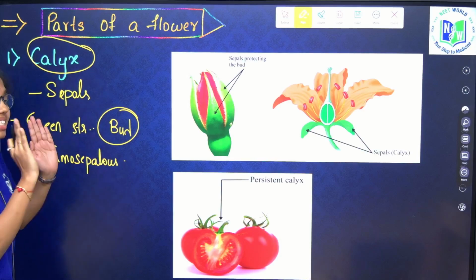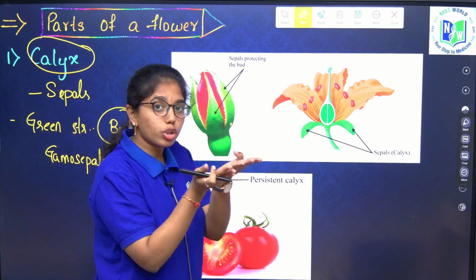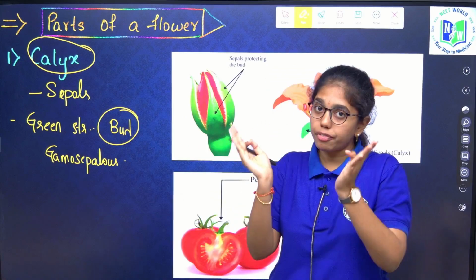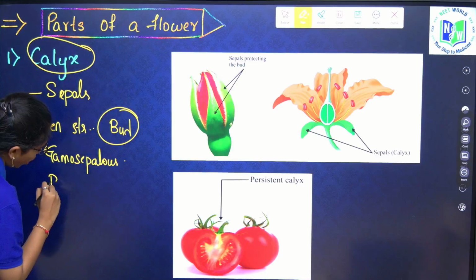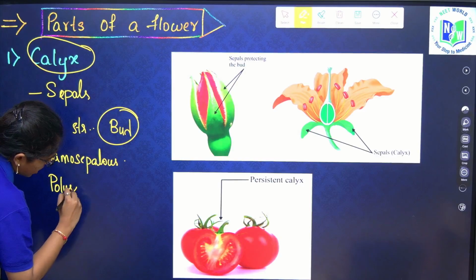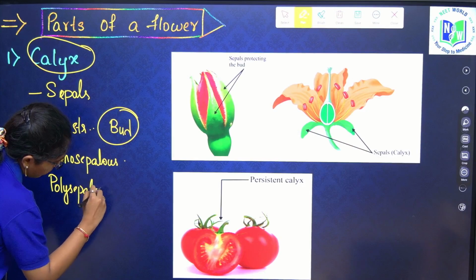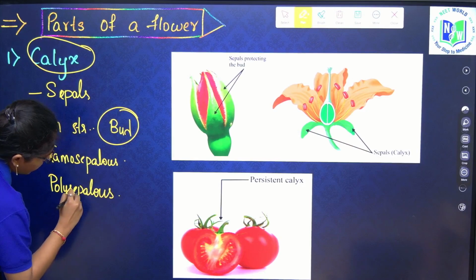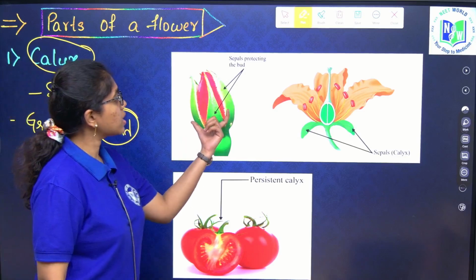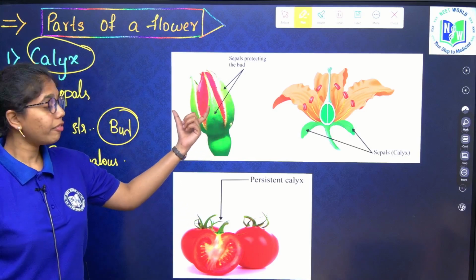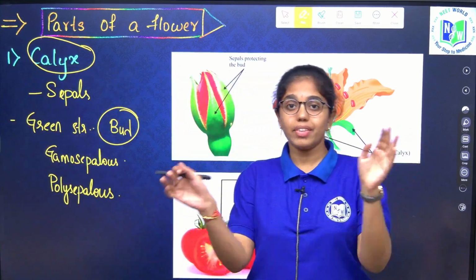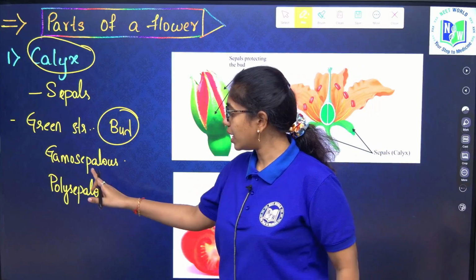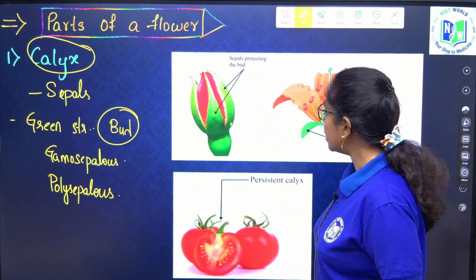If the sepals are free, not attached to each other, then you will call it polysepalous. What will you call it? Polysepalous. The sepals protect the flower in the bud stage. If they are free, it is polysepalous. If they are attached or united with each other, it is gamosepalous.